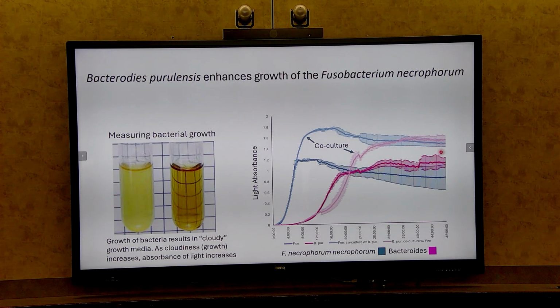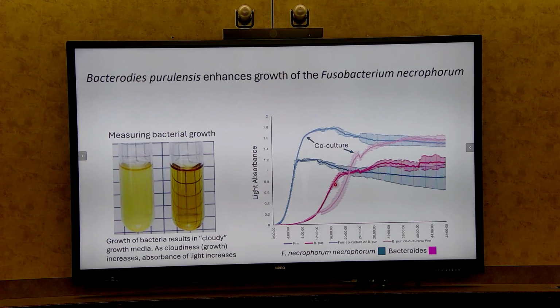Pink is Bacteroides, again, alone is dark pink, and in co-culture is light pink. So when I saw this, I was very excited, and you might be thinking, well, what the heck does that mean? And what this said was that when you have these organisms together, they both grow better, particularly Fusobacterium necrophorum. So it grows to a higher level, and it grows a little bit faster than we've seen in some other examples.